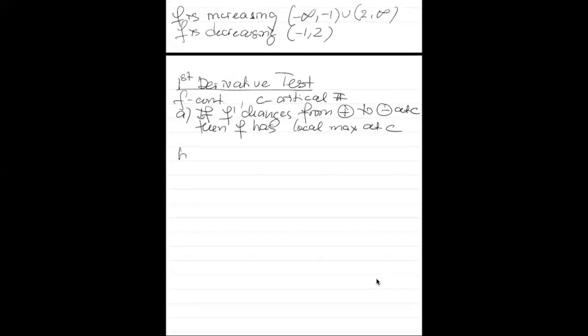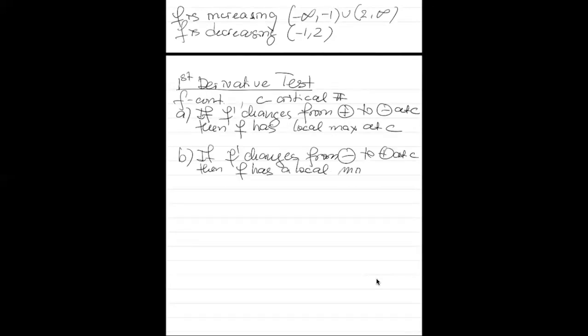Then what do we have at c? f has a local maximum at c. You can see that from the graph. And b, if f prime changes from negative to positive at c, then f has a local minimum.